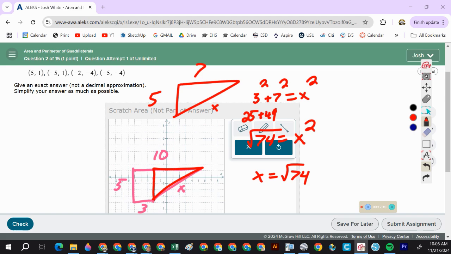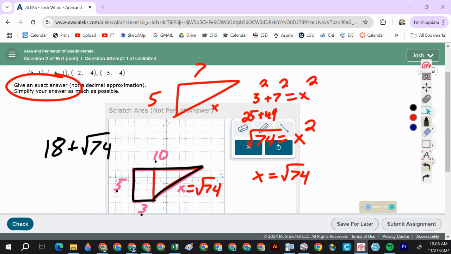Now, notice it wants an exact answer, not the decimal. So this is going to be a little strange. But how far would I travel if I walked all the way around the perimeter? Well, that would be 3 plus 5 is 8 plus 10 is 18 plus the square root of 74.